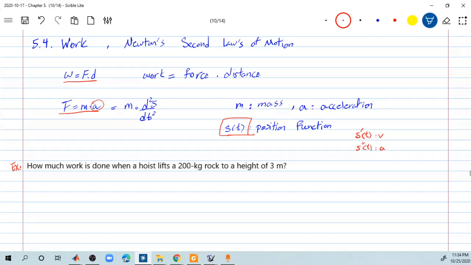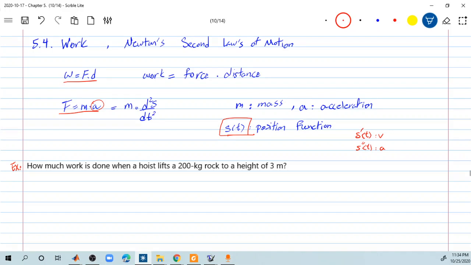And we're going to apply these to some examples. So here, let's look at the first example. How much work is done when a hoist lifts a 200 kilogram rock to a height of 3 meters? Okay, so what do we know?